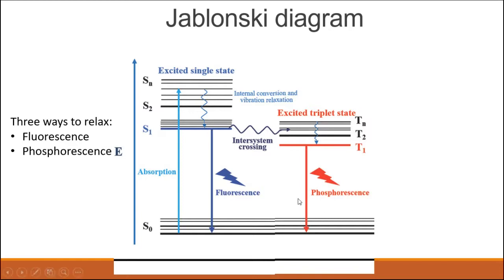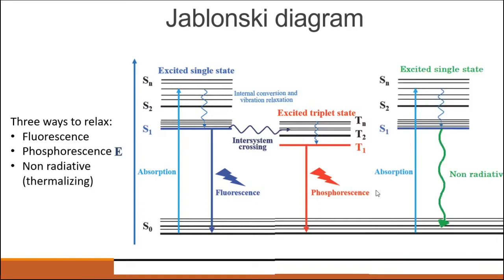And finally, it can also happen that the electrons in the excited level lose their energy through a non-radiative process. This means thermalizing, losing heat, or something like that. These non-radiative processes are the ones that we don't want. Non-radiative means not emitting a photon.